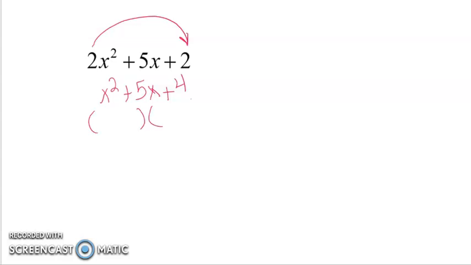Our steps for factoring are to set up 2 parentheses, split the first term to x and x, decide on our sign. This means they're the same and they are both plus. And then the factors of 4 that will add up to 5. So that would be 1 and 4.